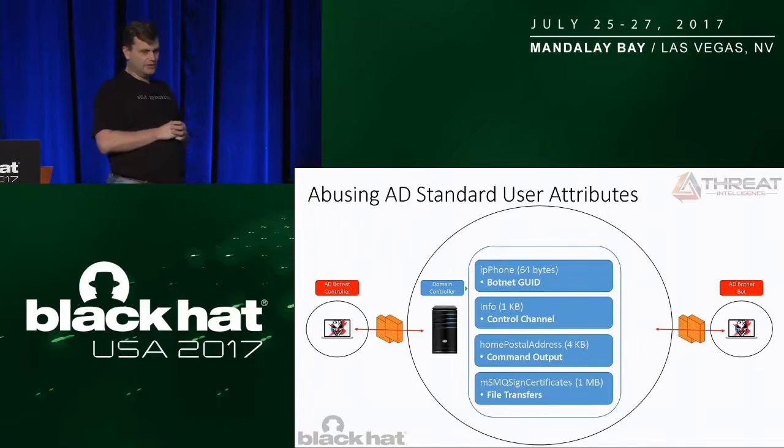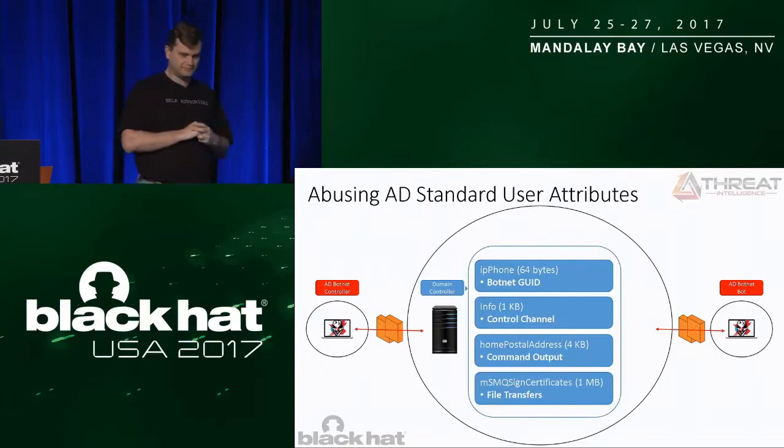What that means is that when we look at the botnet, we can scan the entire Active Directory for that GUID and look at only those systems in which that GUID matches the botnet GUID, and then we can actually track the nodes that we've infected on the domain. And so then we know which ones we can establish commands and send data to, receive data from, start reverse shells, bind shells, all that sort of stuff.